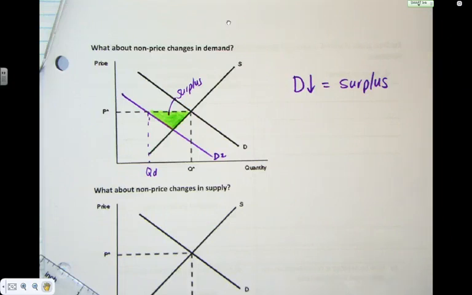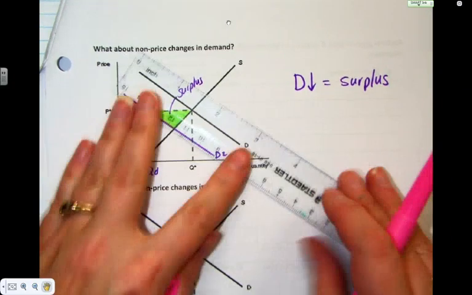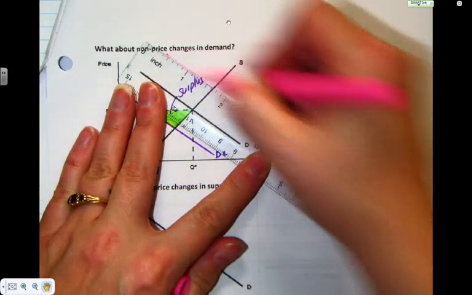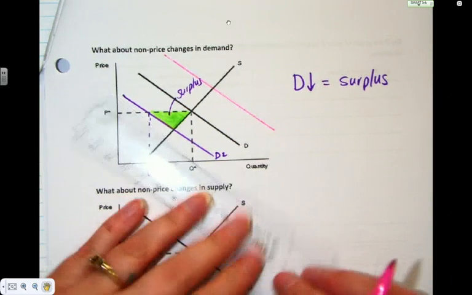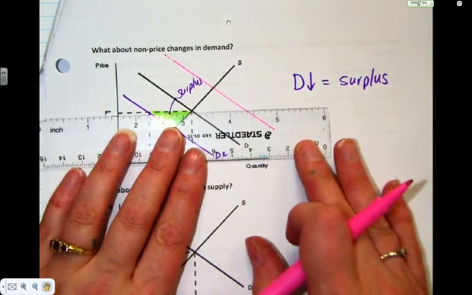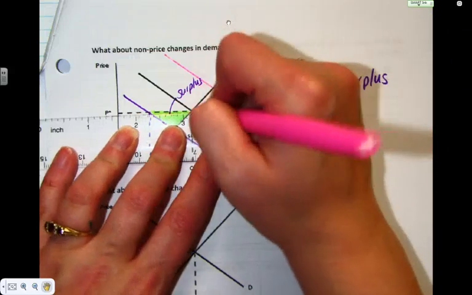Switch colors. I don't care what color, but let's move demand out. Okay, people get income, the thing becomes cool again, whatever happens. Now remember, price is not changing in this one, so all I'm going to do is take the same price and just continue the line.